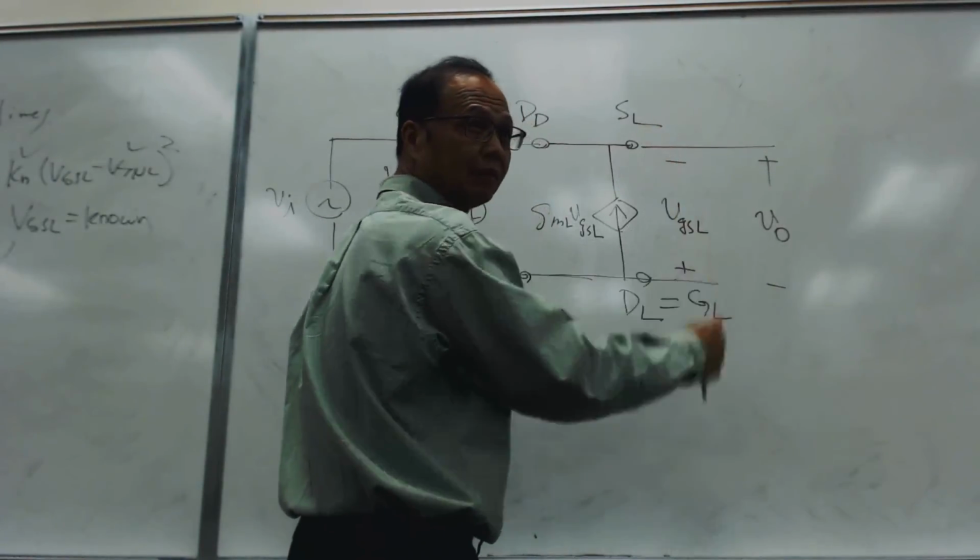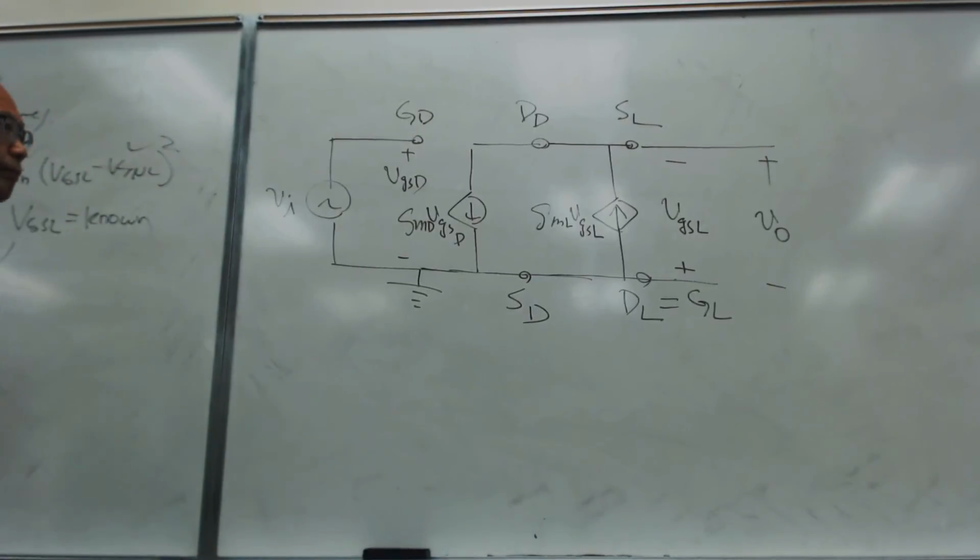G to S. So it would just be the opposite. Yep, that's correct. Now this is, I have to say, a little tricky, yeah? But you must know how to do this.